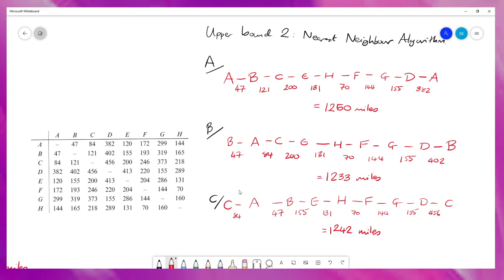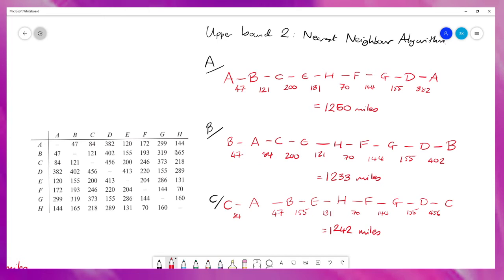Now, the nearest neighbour will only ever give you n possible tours, one for each vertex. Technically it's 2n because you can go backwards as well, but that gives us the same length, so we don't really count it. So the nearest neighbour algorithm is really good, really quick, but it is very limited in what it can do, whereas the minimum spanning tree method is a little bit more varied.